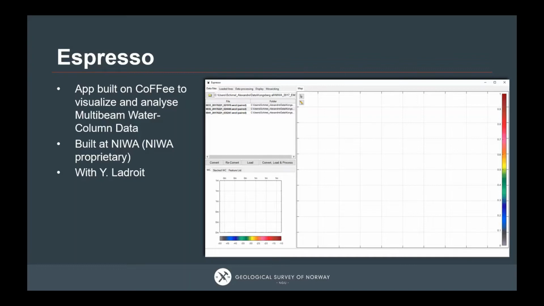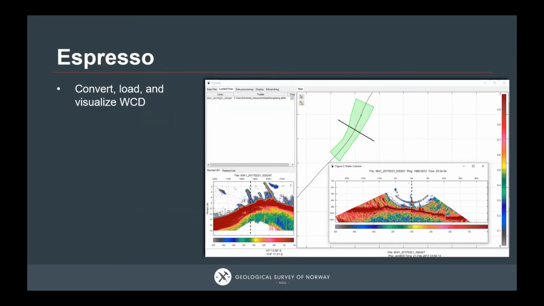I think if you remove the CoFFee parts, most of Espresso would actually be done by Yoann. So it supports Kongsberg formats, so that's all the WCD, and to some extent, Camel and S7K. And basically, with it, you convert, load, and visualize the water column data.